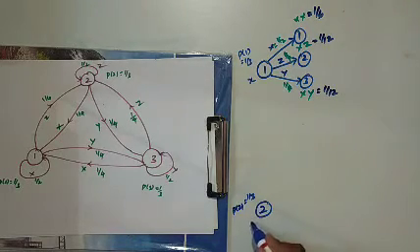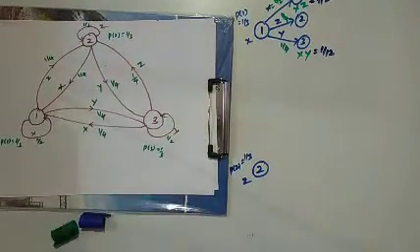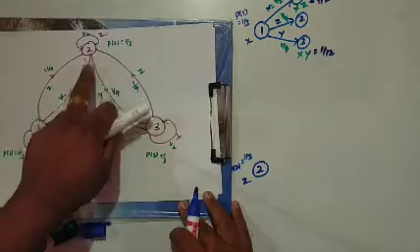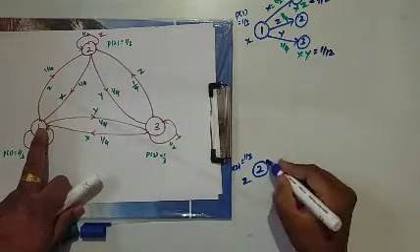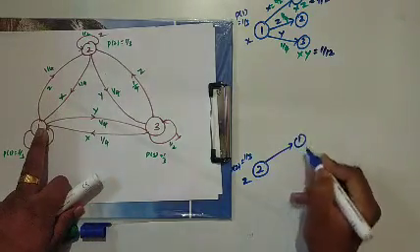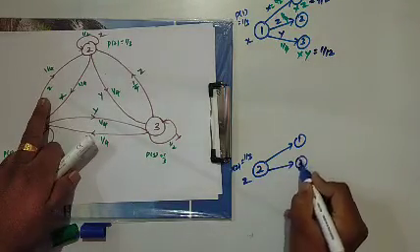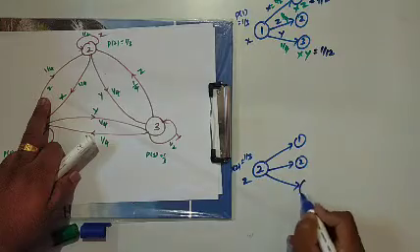At 2, Z is the symbol which is supposed to be transmitted. 2 has a link with 1, 2 has a link with itself, and 2 has a link with 3.